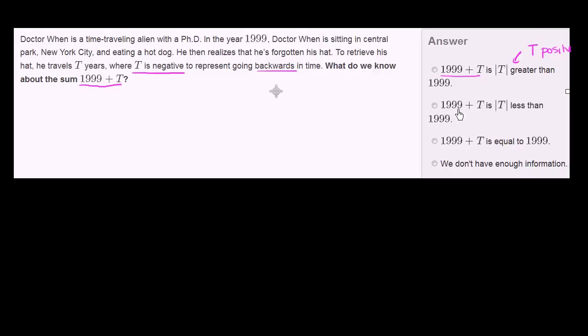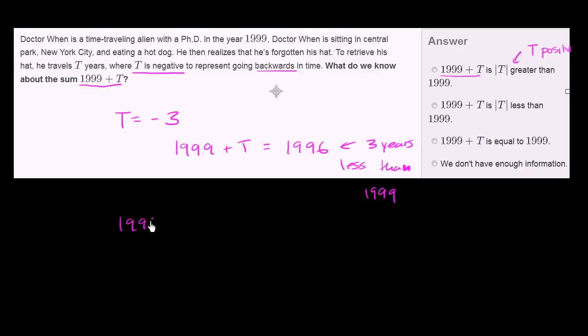Let's read this one. 1999 plus t: is the absolute value of t less than 1999? That's right. Imagine a situation where we know that t is negative. Imagine t is equal to negative 3. Then 1999 plus t would be equal to 1996, which is 3 years less than 1999.